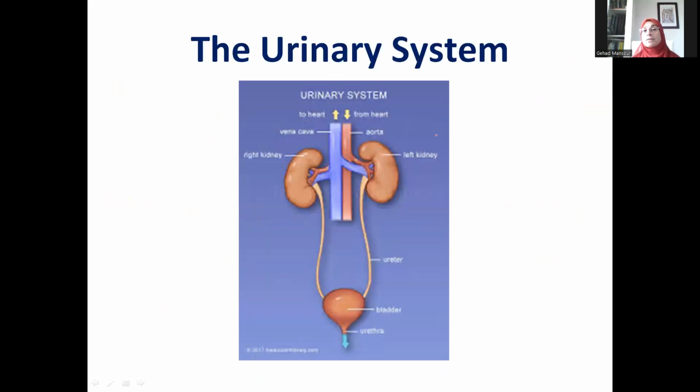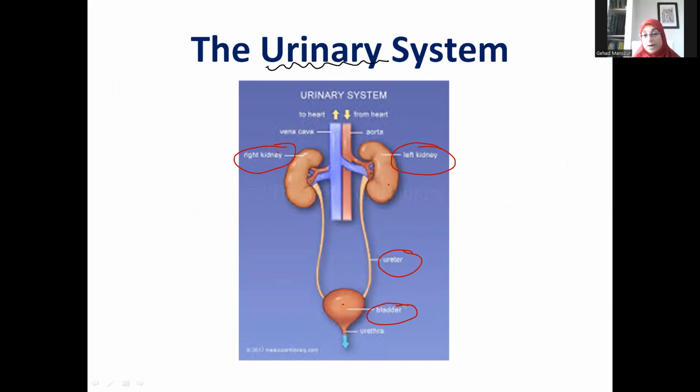So the urinary system, as you know, a system is a group of organs, and it consists of 2 kidneys, the right kidney and the left kidney, 2 ureters, and the ureter is this muscular duct that carries urine from the kidney to the urinary bladder. So it's like a transport duct for urine.